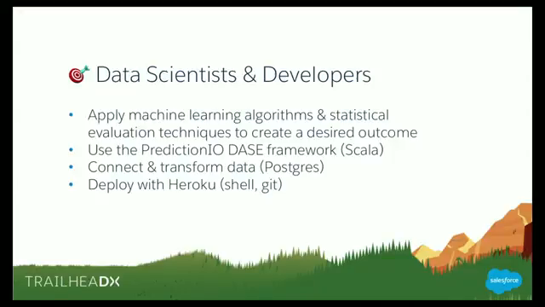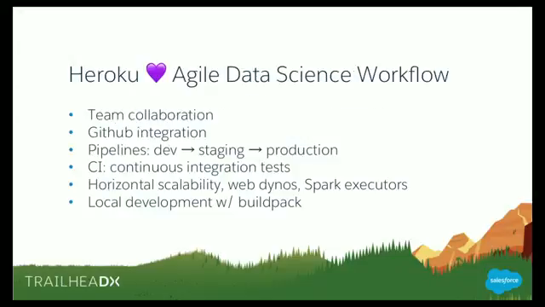And then finally, probably the easiest part of all this is deploy to Heroku. So deploy to Heroku requires some Git skills, requires understanding the terminal, and using the Heroku CLI. But what do you get when you start working with all of these different pieces? Suddenly, your data science workflow can become agile, right?